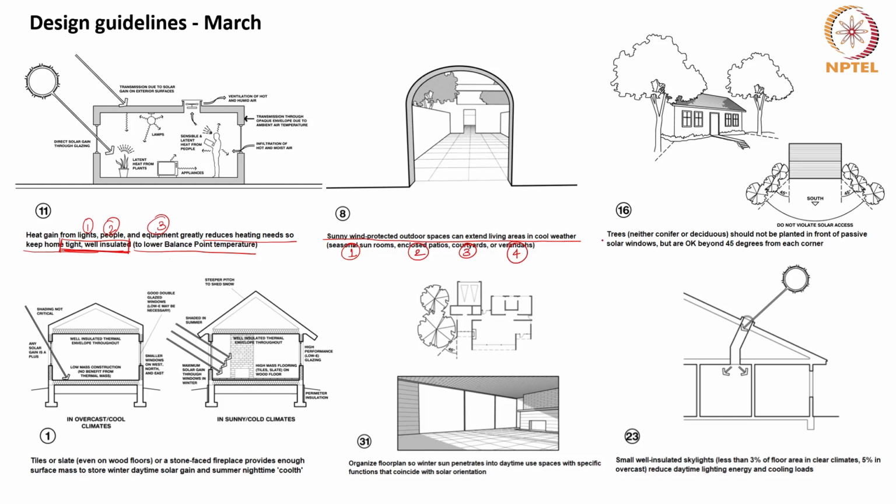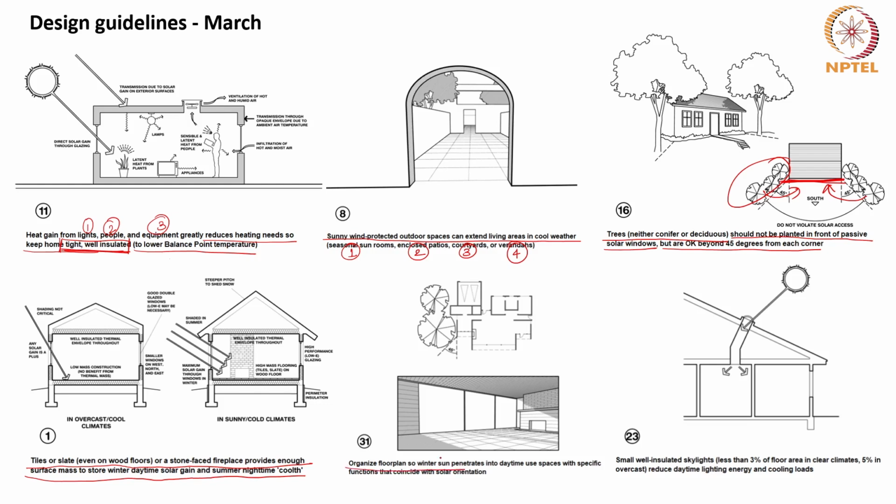Then, trees, neither coniferous nor deciduous, should be planted in front of passive solar windows because they will cast the shadow on the window. But it is okay beyond 45 degrees from each corner so that this wall is free of any shadow from these trees. Then tiles or slate or even wooden floors or stone faced fireplaces can provide enough surface mass to store winter daytime solar gain and nighttime cooling or flushing.